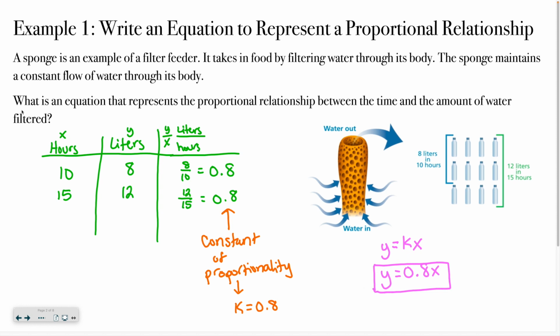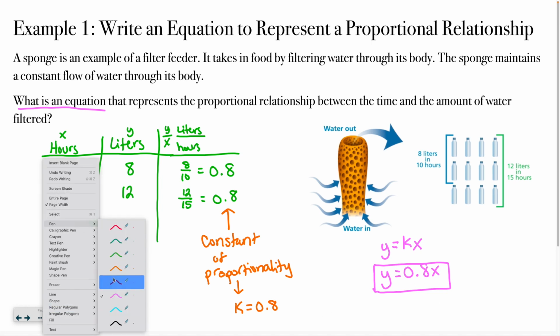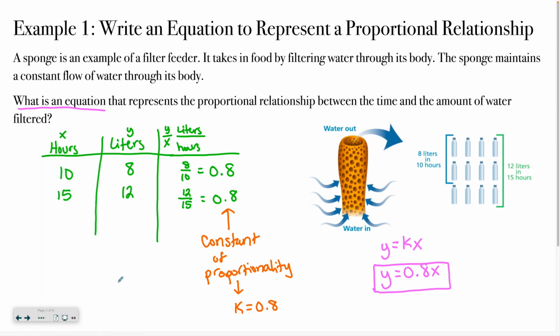Okay, so the question was, what is an equation that represents the proportional relationship? This right here is my answer. And like I said, a reason this is really helpful is, what if I wanted to know how many liters would be filtered in 200 hours, I think is what I had said.